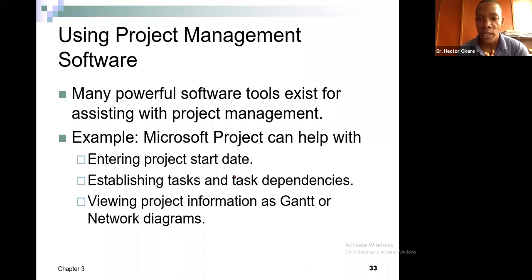Okay, we'll look at it more in the future as we go on in the slide, okay? So there are many project management software tools for the Gantt chart. I've explained this.